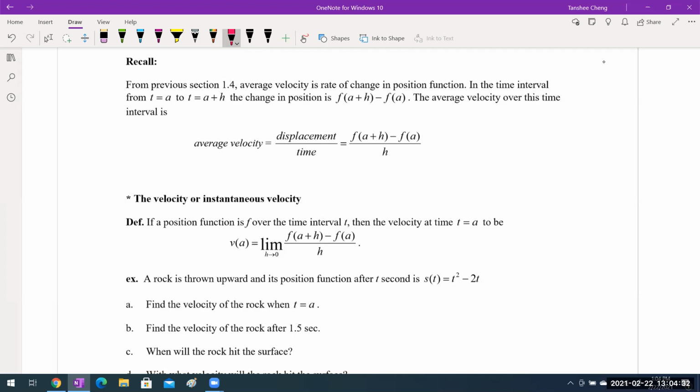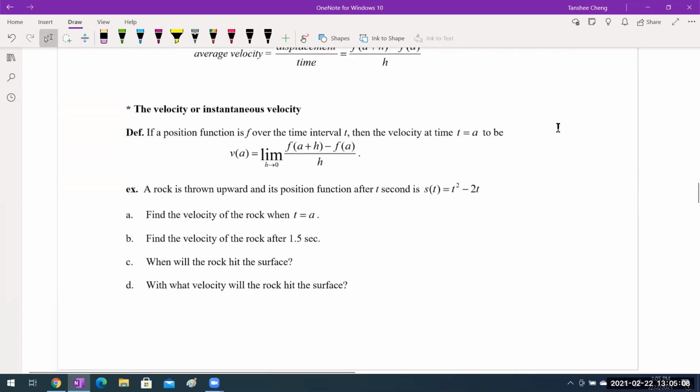Now, if we want to find the instantaneous velocity, when we talk about velocity at a certain time, then we're going to use the limit idea, denoting v of a, the instantaneous velocity at a particular time a. That will be the limit as h approaches 0 of f of a plus h minus f of a divided by h. So we don't have to guess like in 1.4 anymore. We have a formula to be able to find that out.